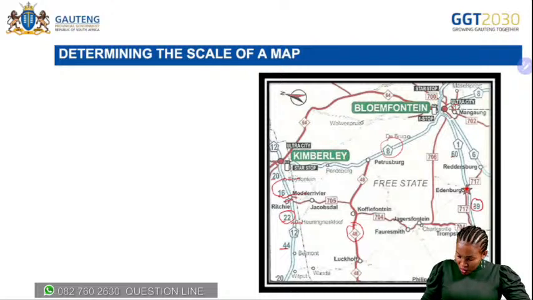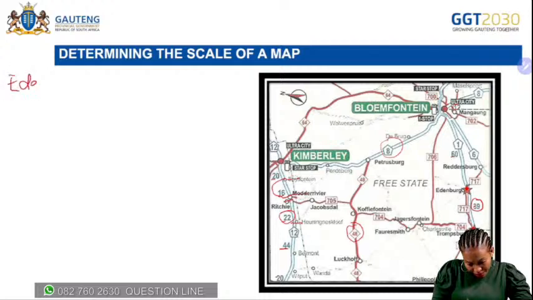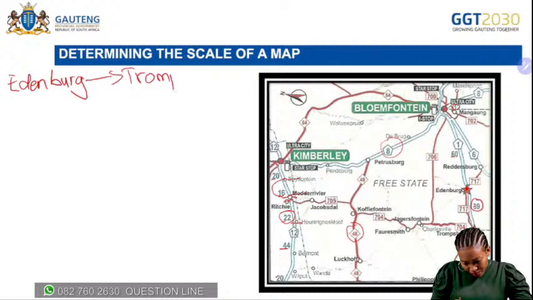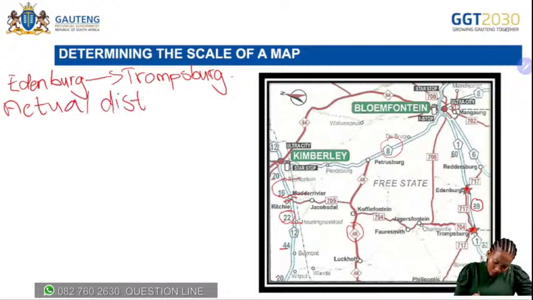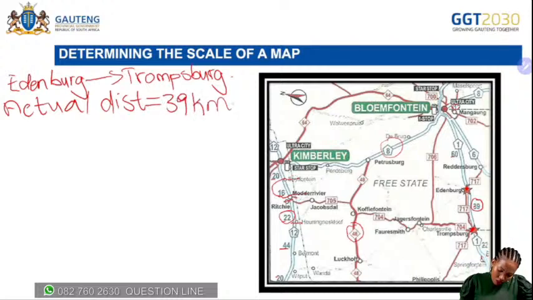So I'm going to use these two places because of the stars and they are clear. So I will use the distance from Edinburgh to Tromsø. The actual distance is 39 kilometers.